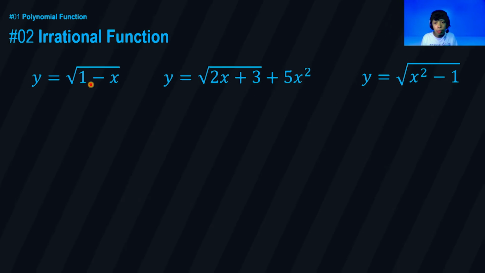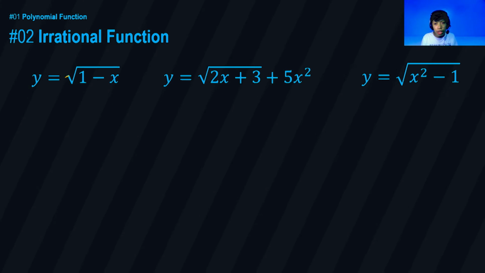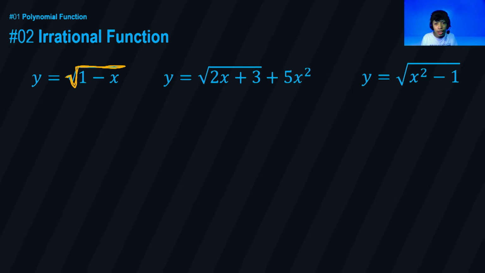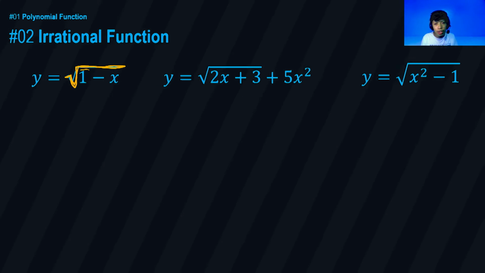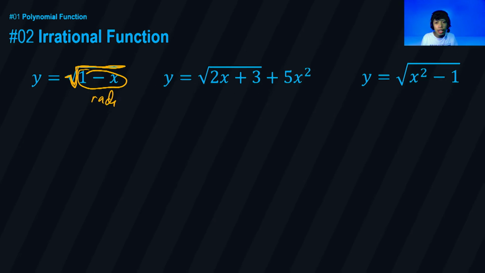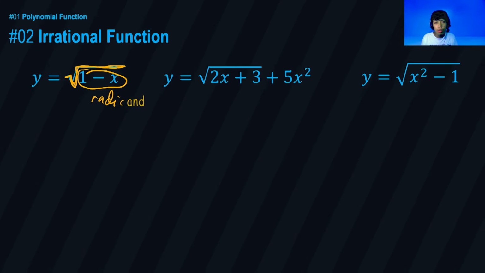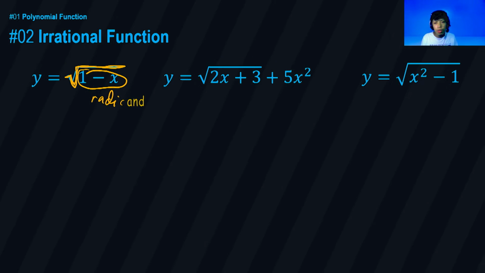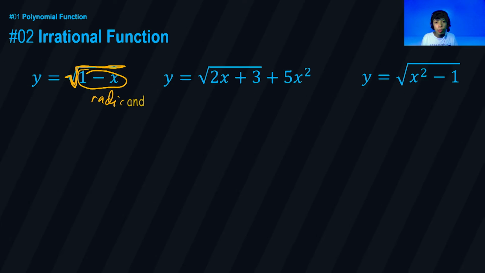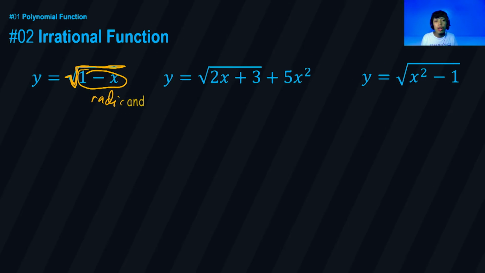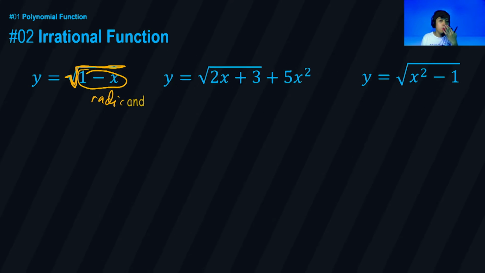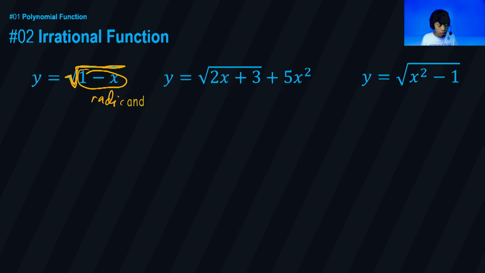Take note ha, this one right here is the radical sign. What's inside the radical sign is what we call the radicand. And together, the whole expression is what we call the radical. So you have to be familiarized with that.